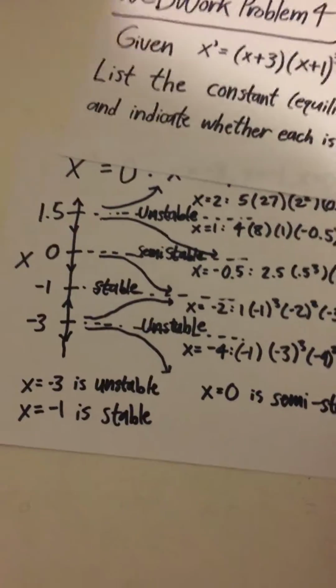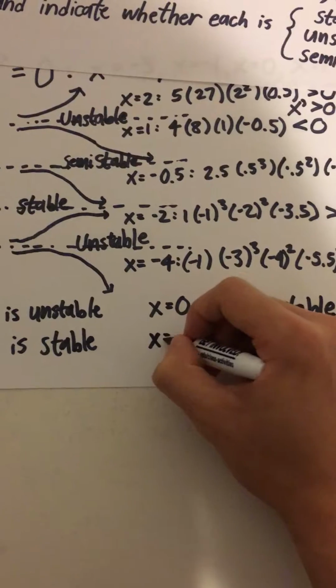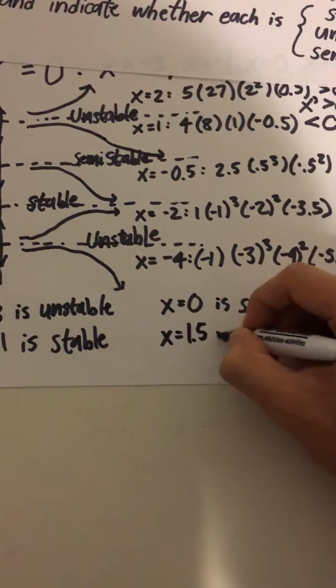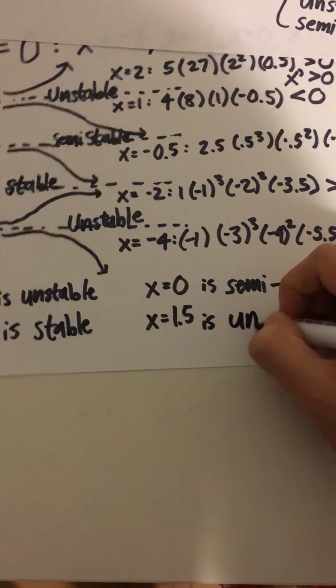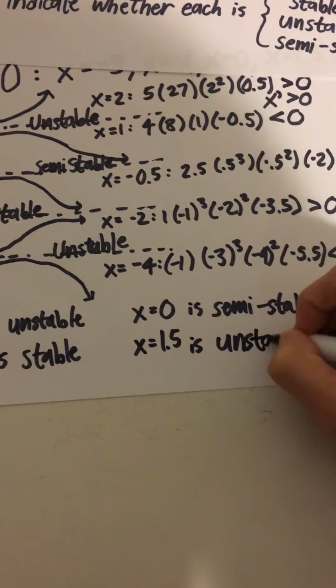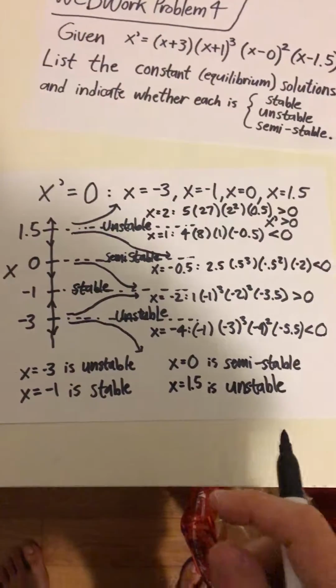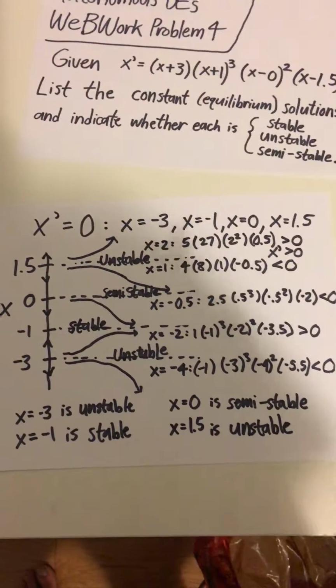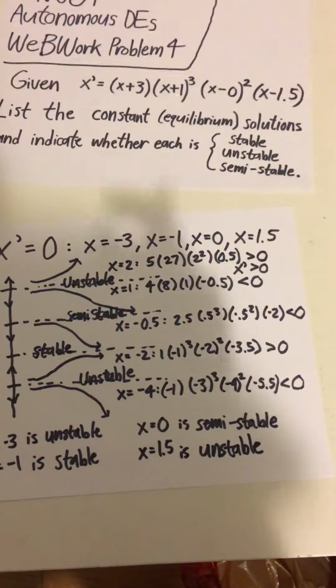And x equals 1.5 is unstable. And that is the solution. These are constant equilibrium solutions, and these are their characters: unstable, stable, semi-stable, and unstable.